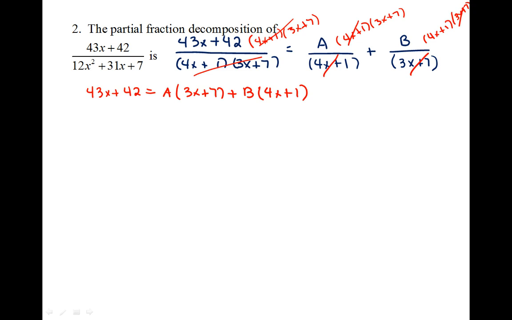Now it's not so convenient to plug in values for x on this one, so I'm going to go ahead and distribute on this one. I'm going to get 43x plus 42 equals 3ax plus 7a plus 4bx plus b.